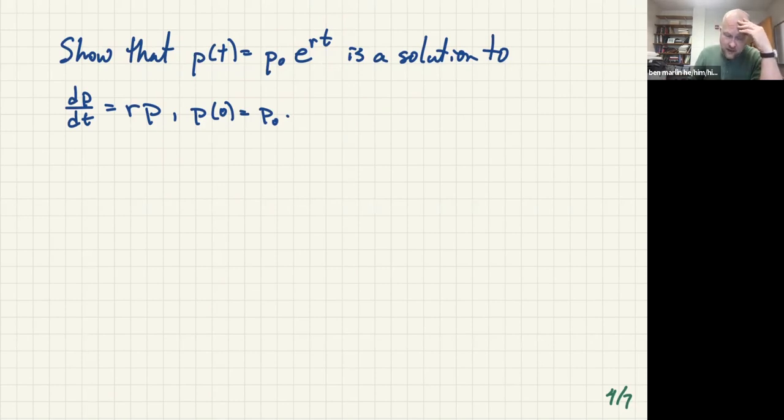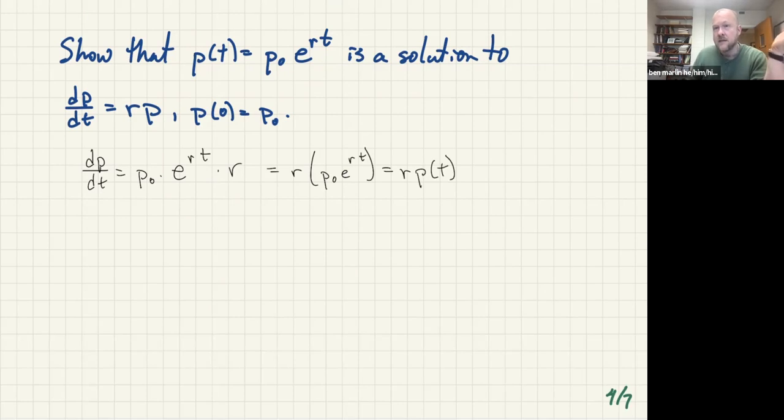So if we're starting out with the p of t being equal to this, then we're going to have to calculate dp dt, and p naught is a constant. Derivative of e to the something is e to that thing, and then the chain rule says we'll pull an r in there, okay? And then if you look, that's r times the p naught e to the rt, so that is in fact equal to r times p of t.